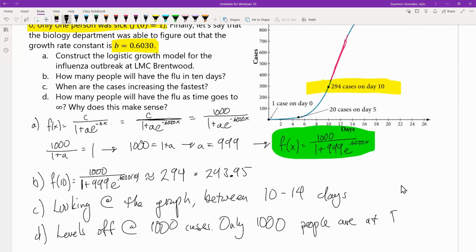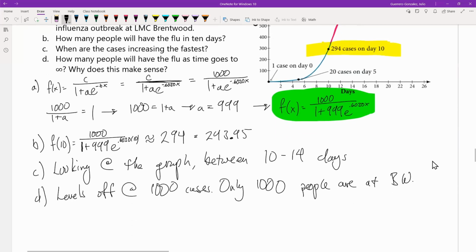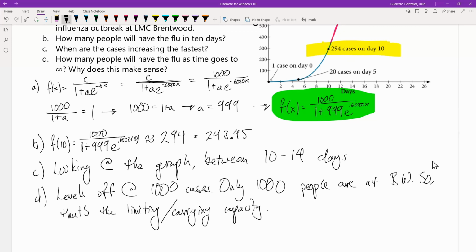So that's the limiting factor. That's got to be the limiting or the carrying capacity of this scenario. That's it.